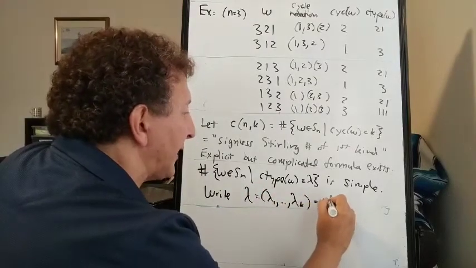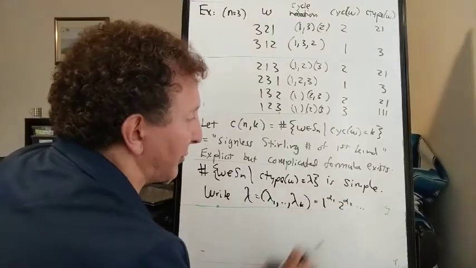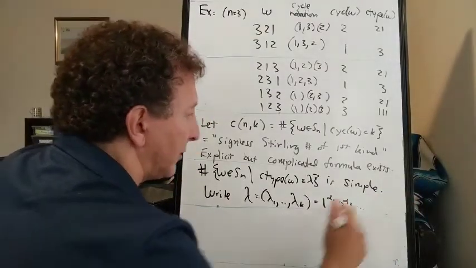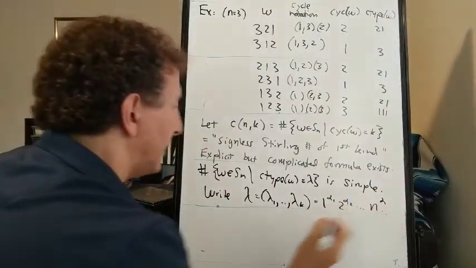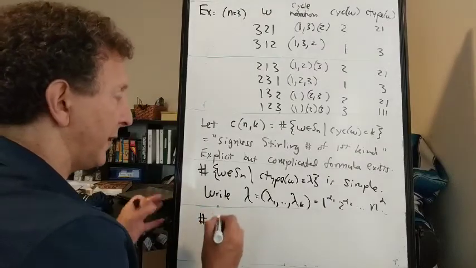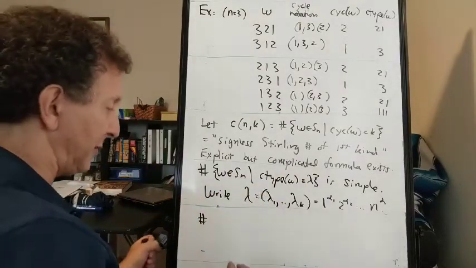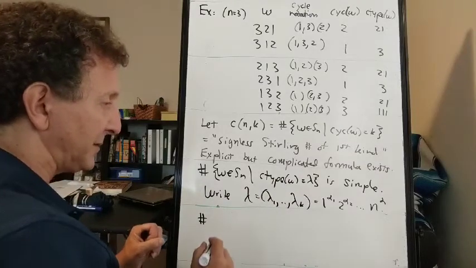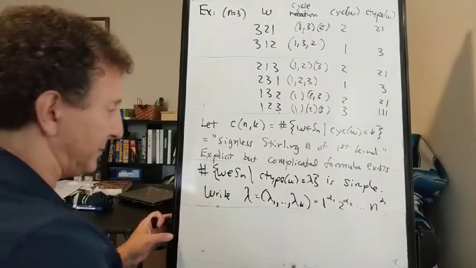If we say it has alpha 1 1s, alpha 2 2s, etc., up to alpha n n's, then the number that we're looking for, the number of permutations with cycle type lambda, is, well, maybe before I write down the formula, I should tell you how I'm going to think of it.